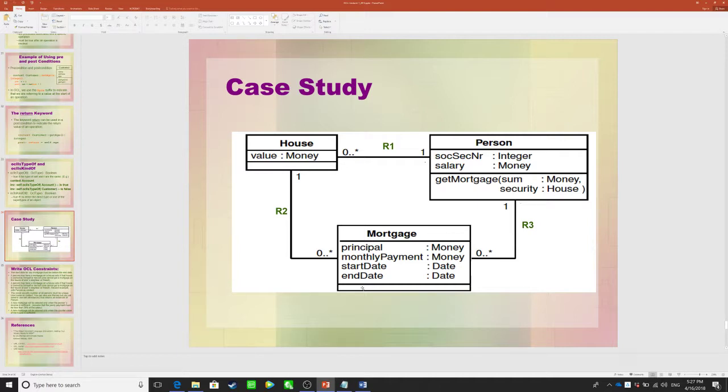So the house, actually we have a value, right? We have a house value. Yeah, we can just use this. We don't need R1, R3 at all, because we have this house and the money already there as the input, right?